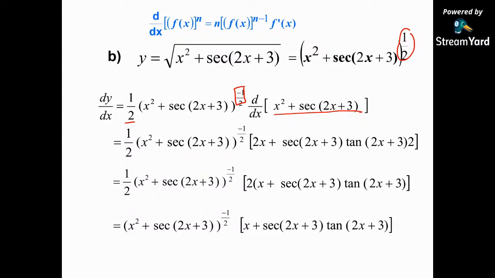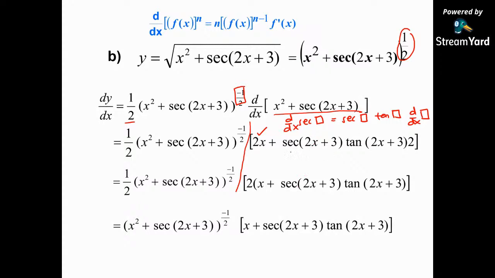Okay, so the thing in front, benda yang kat depan ni, that's nothing. You can simply copy them down. But just be very careful with the term on the right hand side. Okay, so differentiating x squared, we are going to get 2x. I think that is quite easy for you. Differentiating sec, so this is like if we have differentiate sec of a box, this is sec, tan, and then differentiate the box.